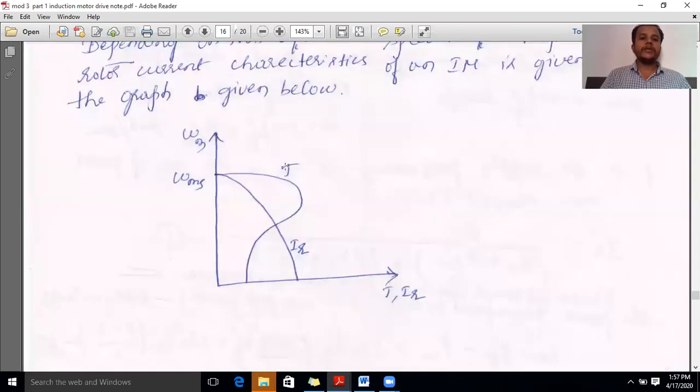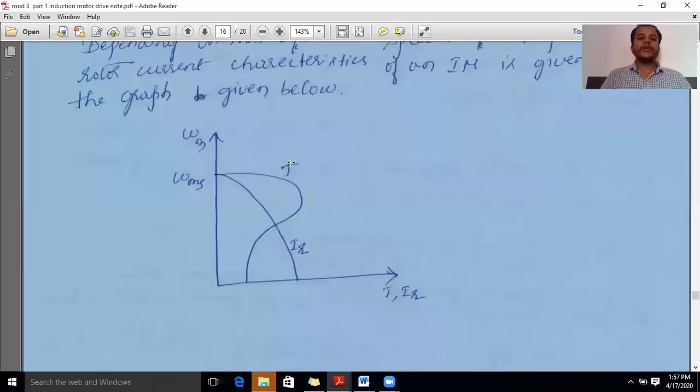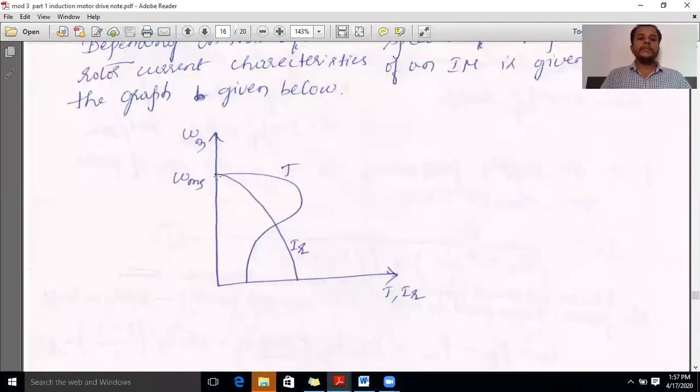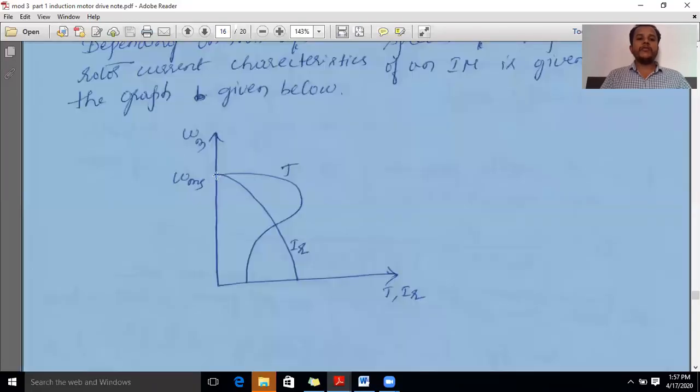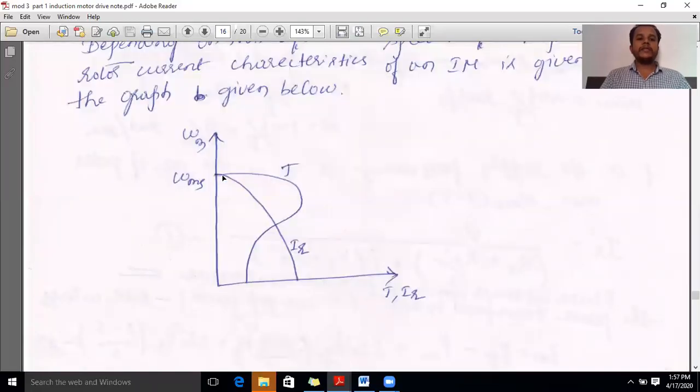This first quadrant, whatever the operation of the motor is here, it is forward motoring. This is for omega_m, and here omega_m is equal to 0.